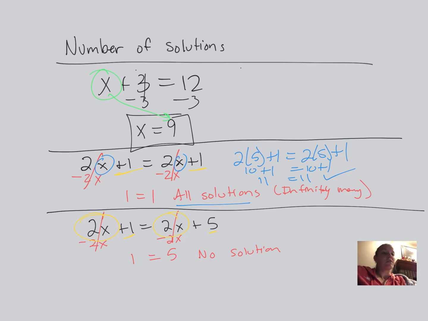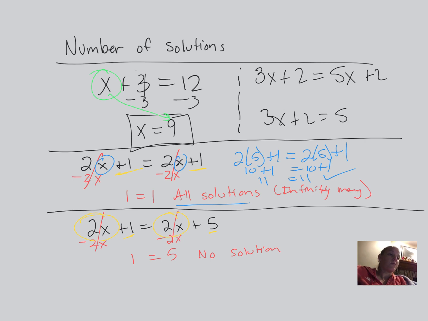Another one I could have is 3x plus 2 is equal to 5x, and then it doesn't matter, this could be plus 2, or it could be 3x plus 2 equals 5x plus 7. It doesn't matter, because what is important here is that 3x and 5x don't match. As soon as those x's don't match, we know that there's going to be just one solution, and then we can figure out what it is.